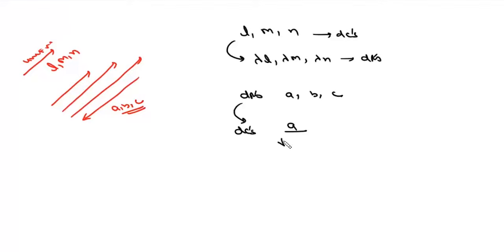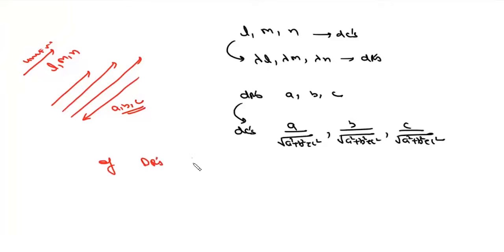So it will be a upon under root of a square plus b square plus c square, b upon under root of a square plus b square plus c square, and c upon under root of a square plus b square plus c square.